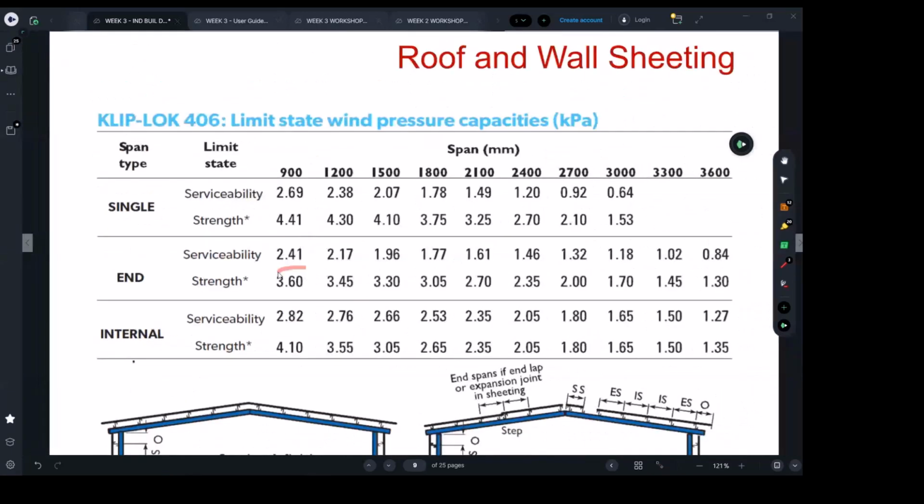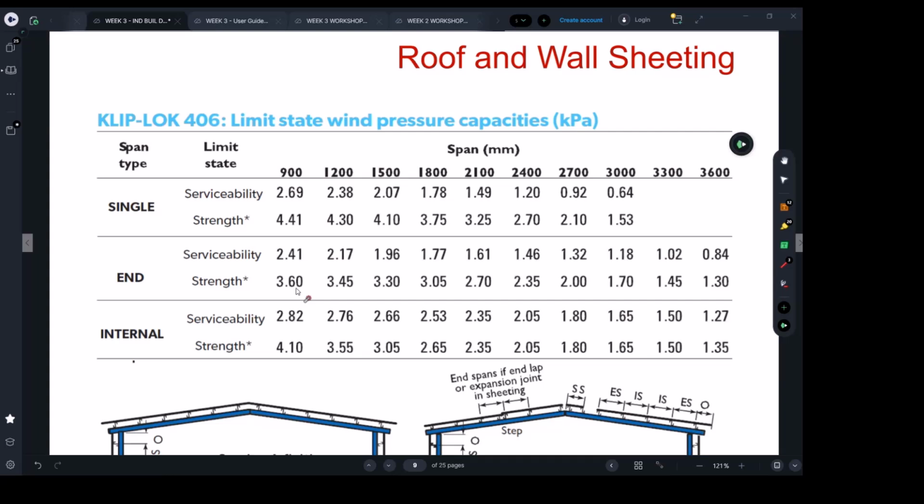So if you know the pressure for strength or the pressure for serviceability, then you can decide on this type. If your ultimate pressure was less than 3.6, these sheets can work at this spacing.